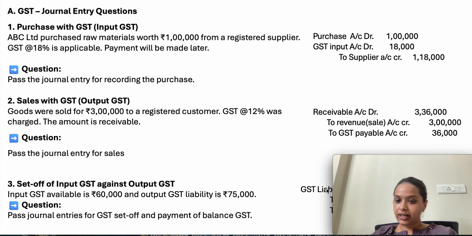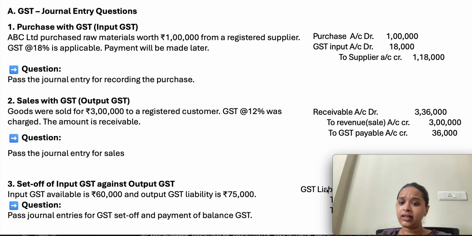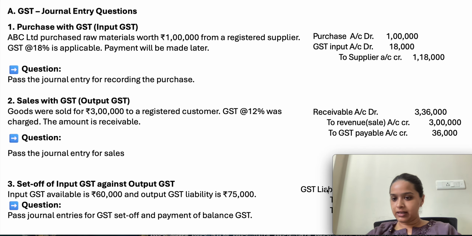But if it is an interstate transaction, meaning two states are involved in the transaction, it is IGST, and you don't need to split the GST rate, it will be covered under one rate only, like IGST 18%.